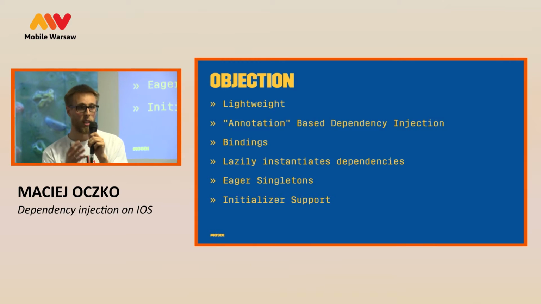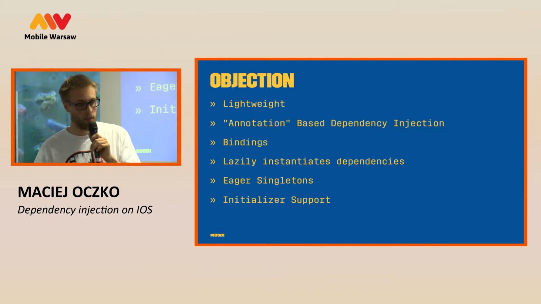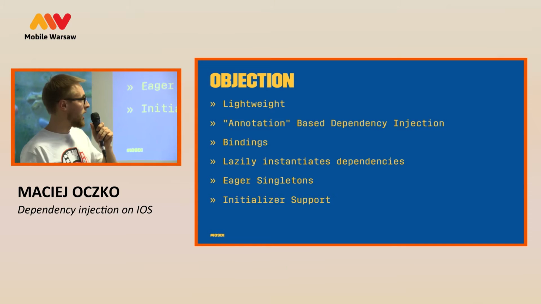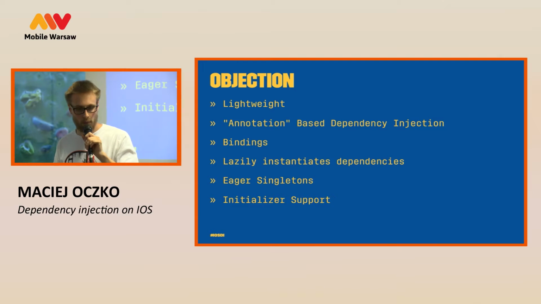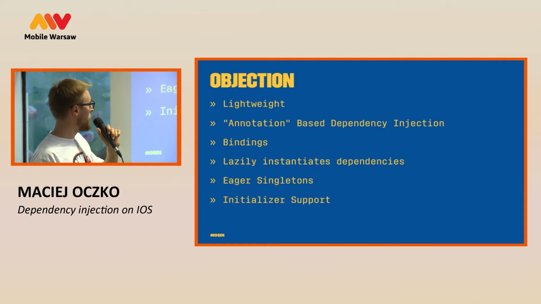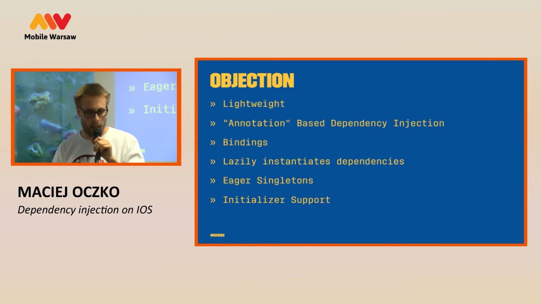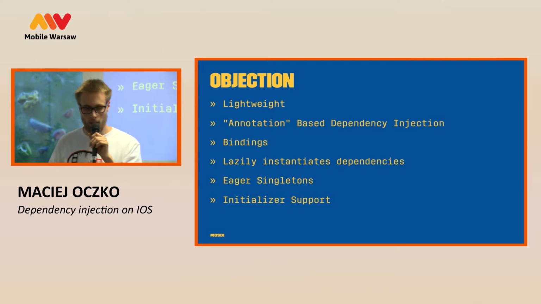It's almost like you would write your own dependency container framework. And the key here is annotation-based dependency injection. I will explain it in just a minute. But for sure, with Objection, you get everything you would expect from any framework that injects dependencies.